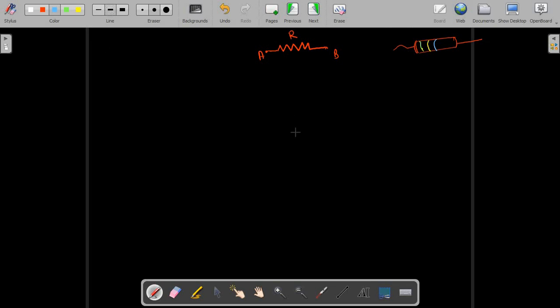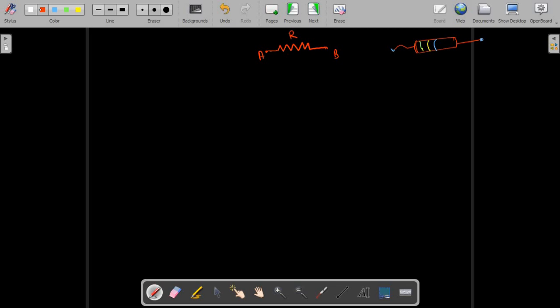So in the circuit we represent resistance that way, and in the lab it has ends which we attach into the circuit. It has a fixed value. Every color has some specific meaning, and according to that the resistance value changes. That is all about resistance.